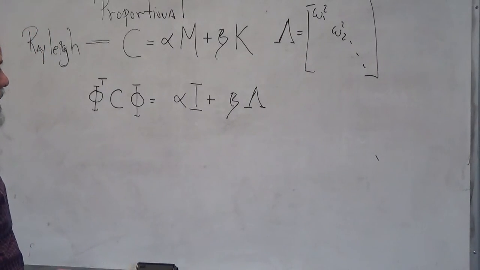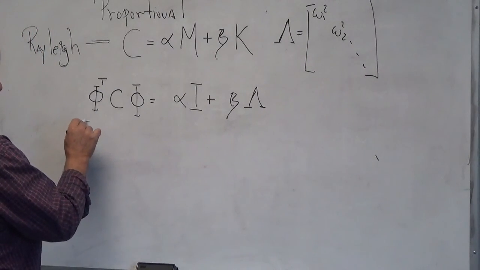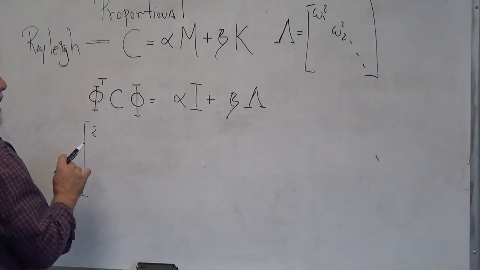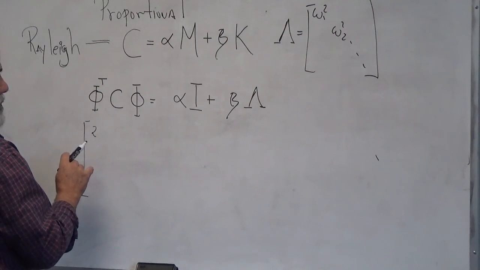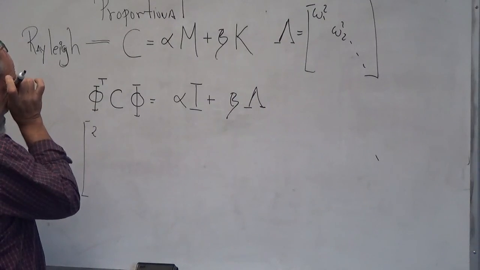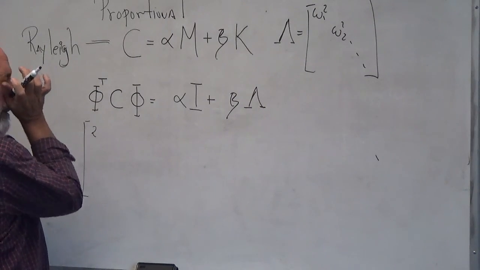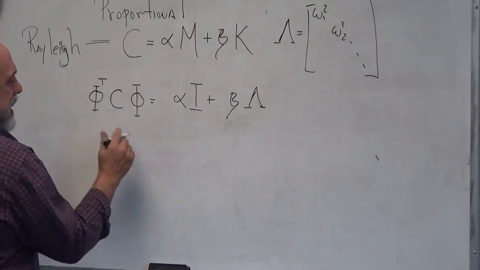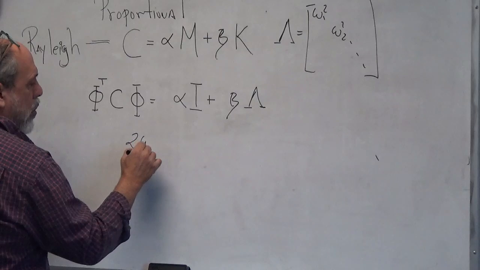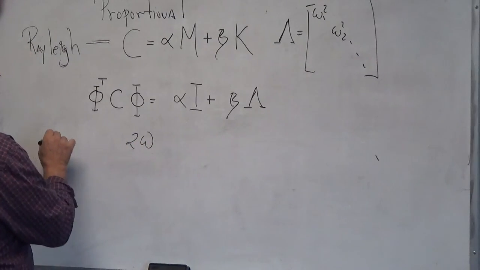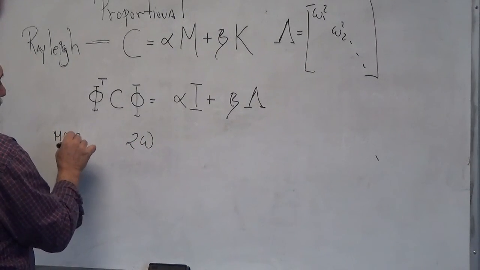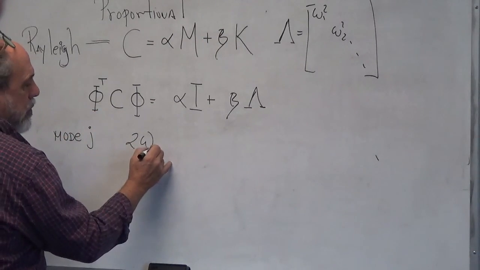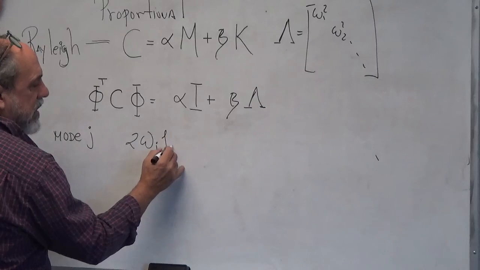Well, look at it this way. This matrix here is equal to 2 omega times the damping. Let's say we look at one entry, at mode J. If we look at mode J, this matrix here should be 2 omega J times the damping J, right?